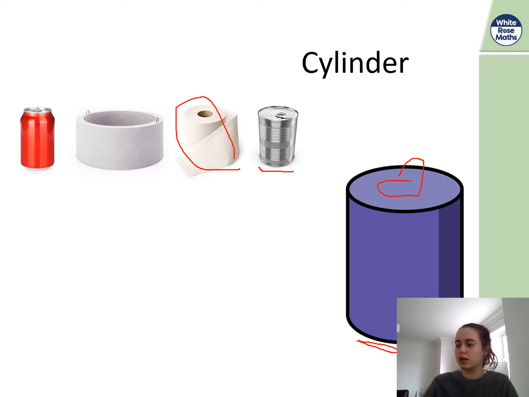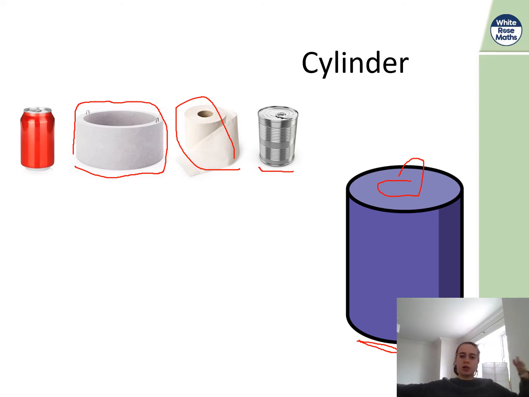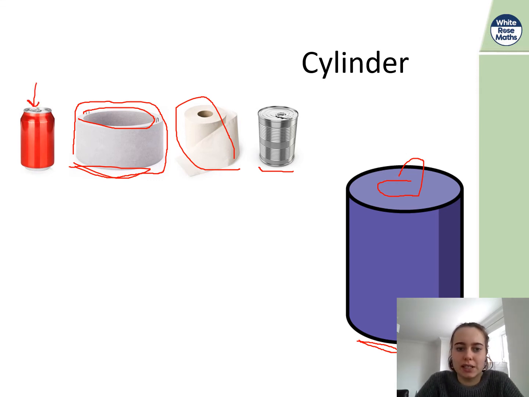Kitchen roll, I've got here. That's a cylinder shape. Even a big pool or bath can also be a cylinder shape. That's got a circle on the top face and a circle on the bottom face. And our cans can also be cylinder shapes.